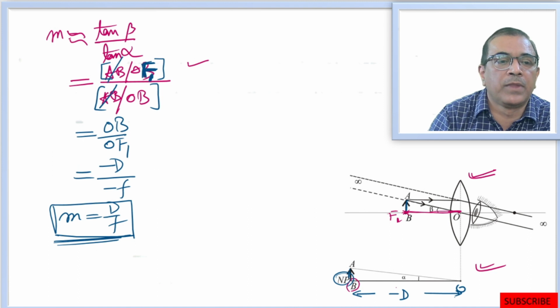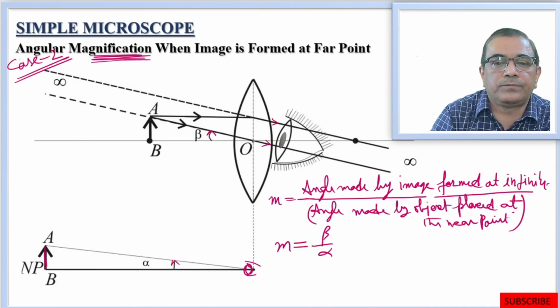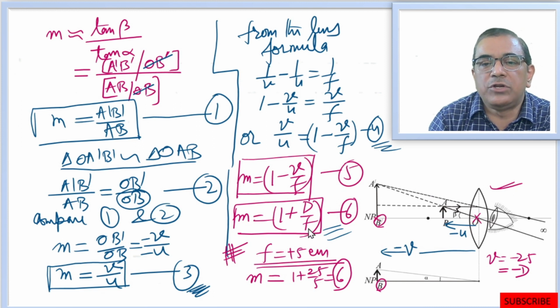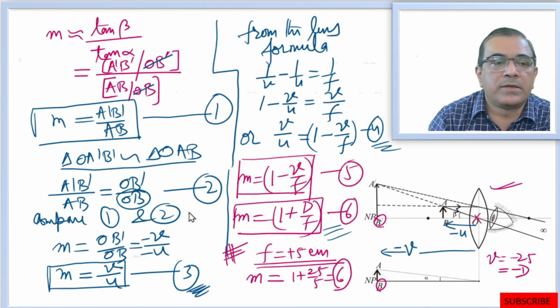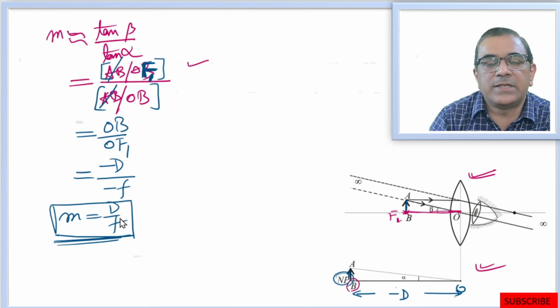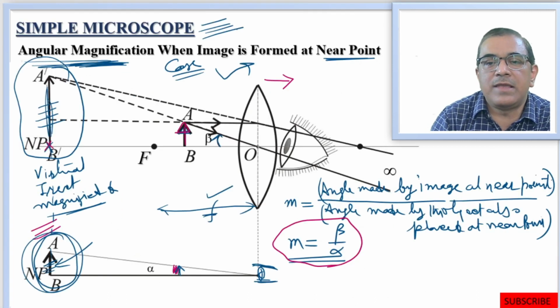So friends, in case number one, the magnification was M is equal to 1 plus D by F. This is the case when the image is formed at the near point. And in case number 2, the magnification is D by F. Obviously, the magnification has to be more when the image is formed at the near point.